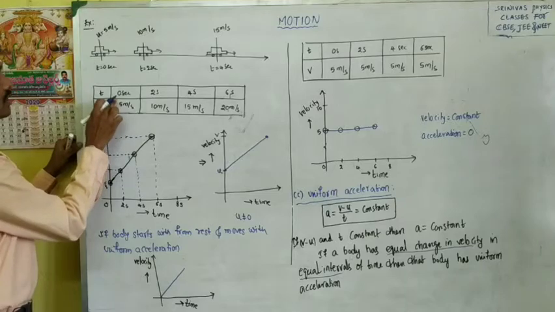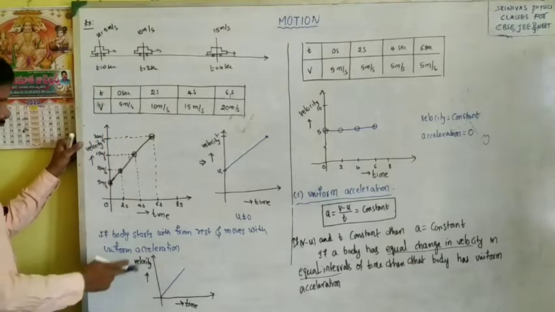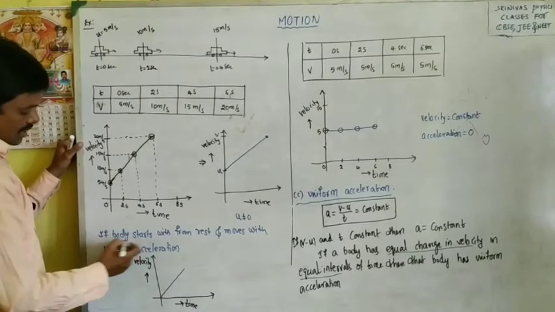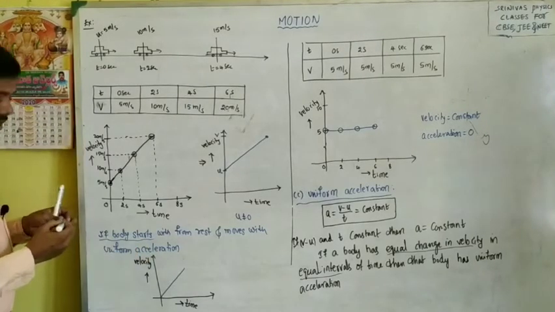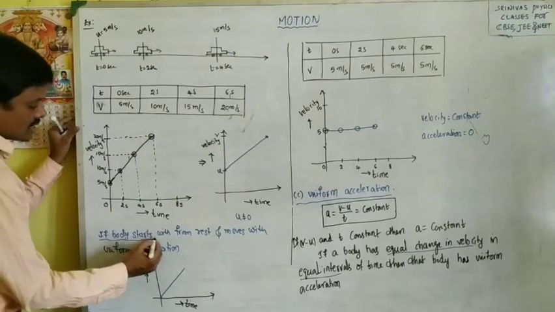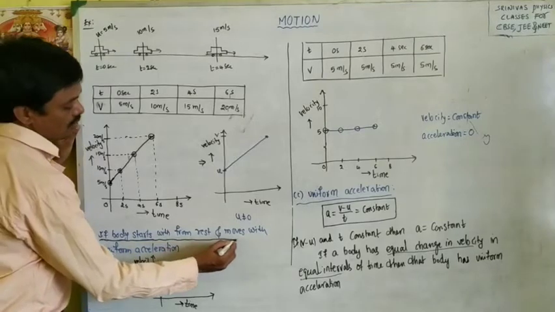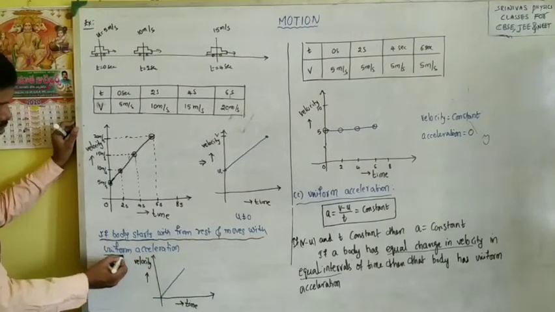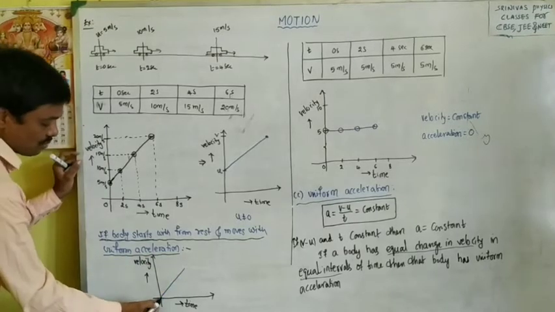Here the body starts with a non-zero velocity, but here we are taking that if the body starts from rest, then the initial velocity is 0. Initial velocity 0 at initial time 0 means it starts from 0 comma 0, which is the origin.